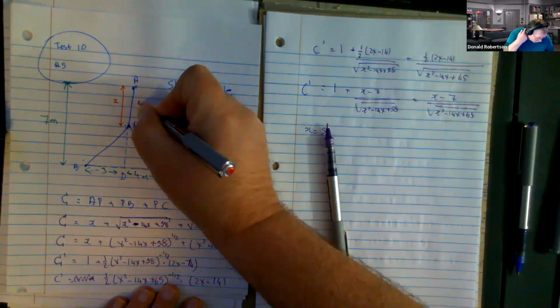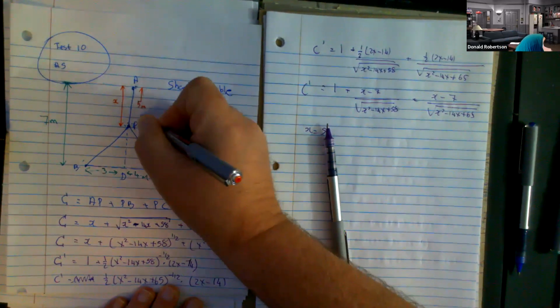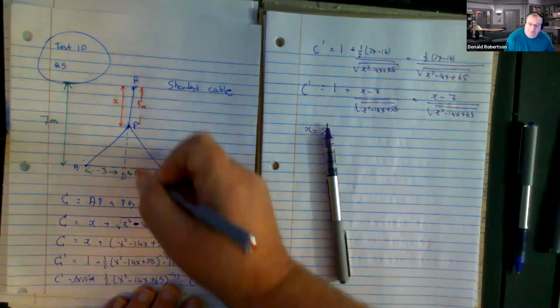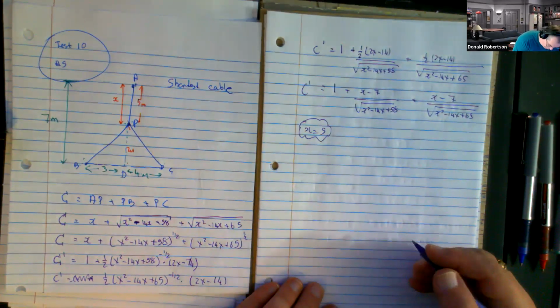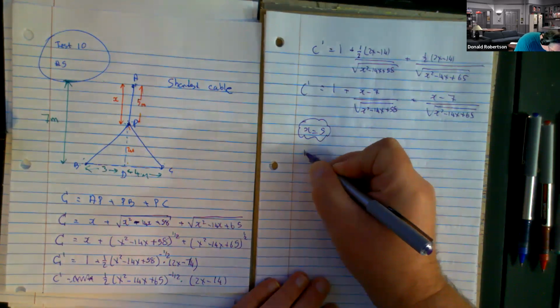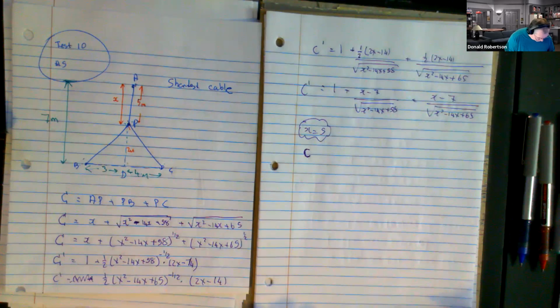Now, it depends on what the question then asks. If the question said, what should x be? That is your answer. If the question had been, what's the total cable?